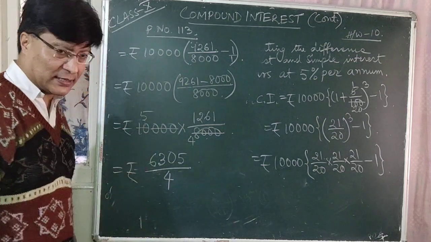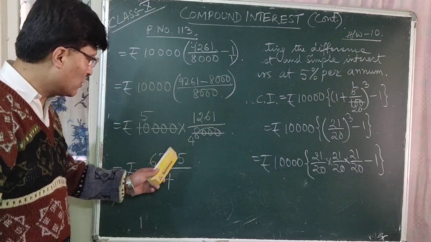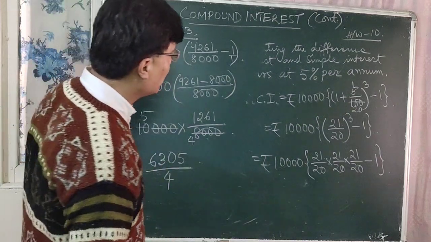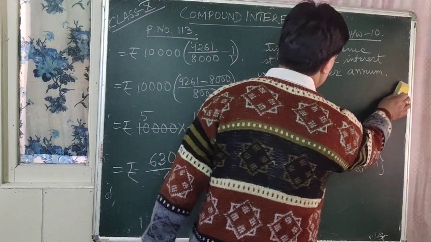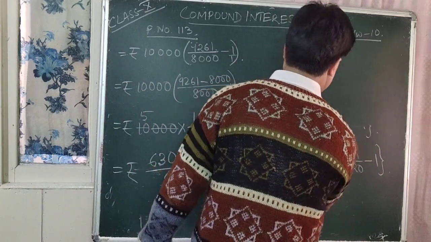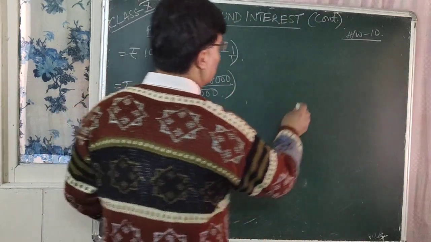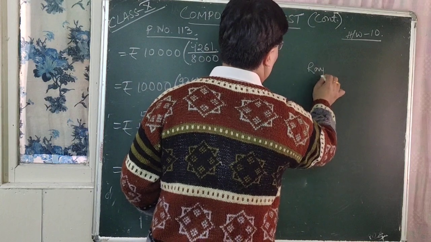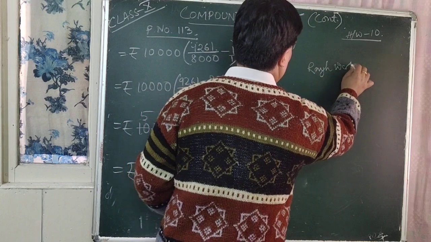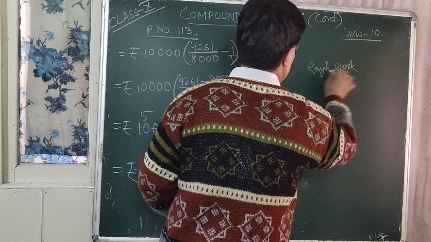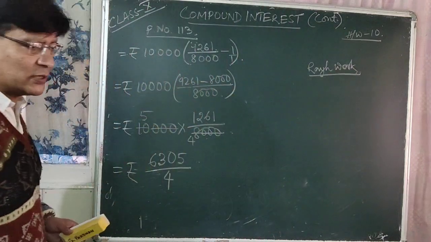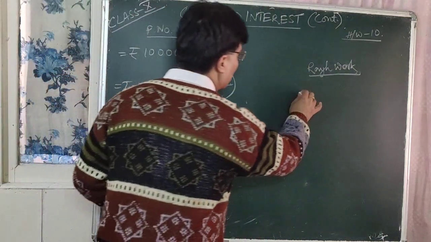Now let us divide 6305 by 4. Okay. Now let's do again the rough work. So here the rough work is, now divide 6305 by 4.